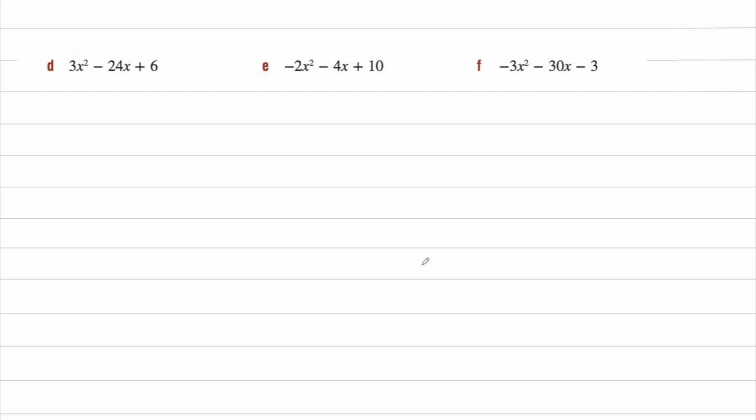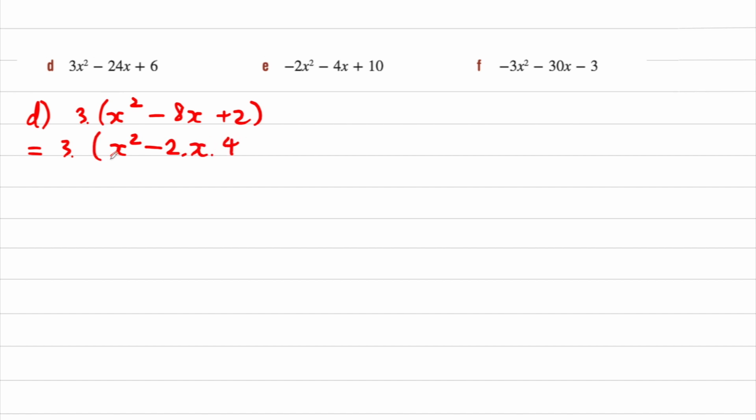The next question is D. Take 3 outside and change the coefficient of x squared to 1, because x squared is not 3 anymore. Take 3 outside. Inside the bracket you have this question plus 2, so 3 times x squared minus 2 times x times 4 plus 4 squared minus 4 squared, and plus 2.